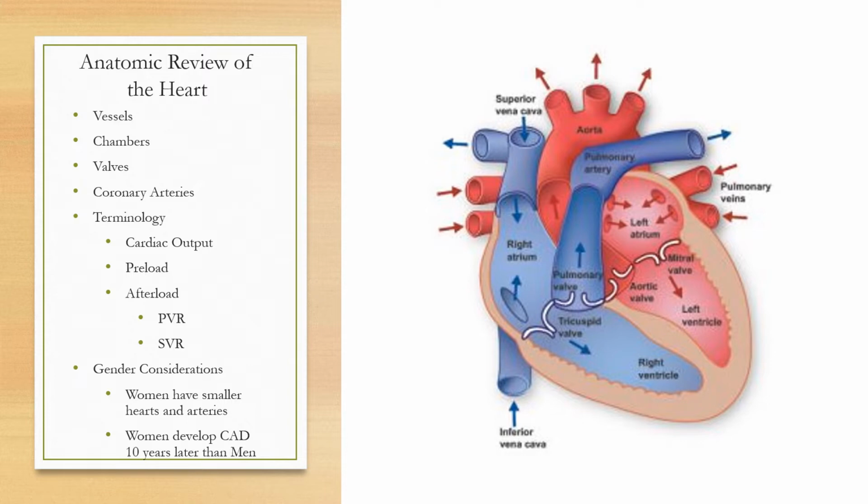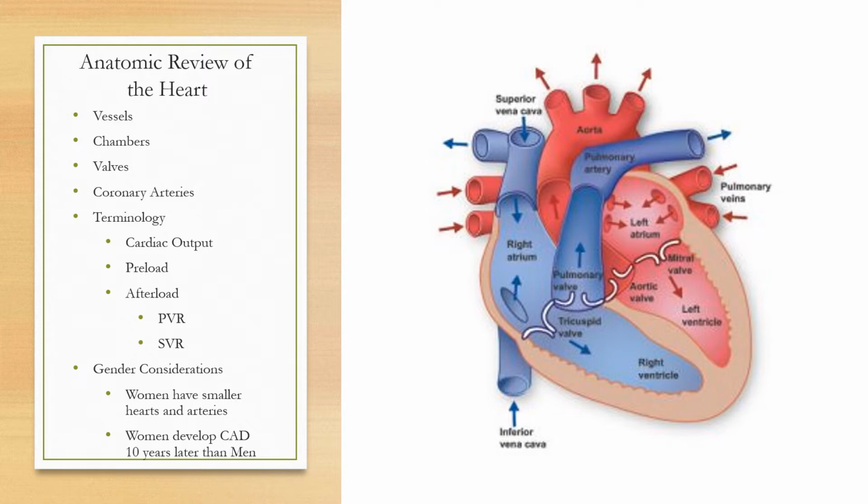So, for example, if you have no blood coming back from the inferior or superior vena cava, and so there's no blood flowing into your right ventricle, well, your preload is 0. Okay, so the preload is the pressure and the volume that's stretching the ventricle, getting it ready for the next contraction.